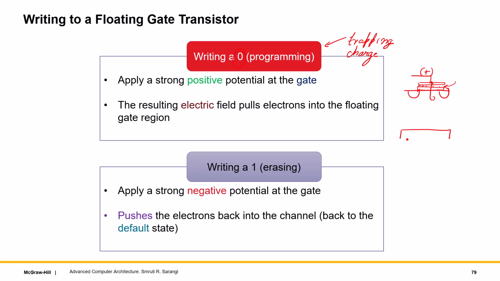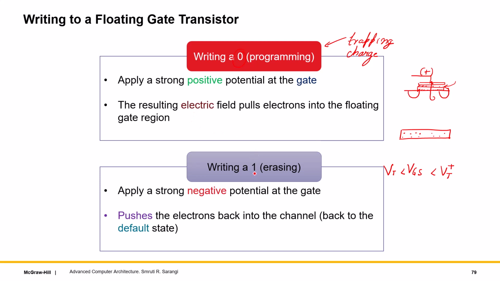And the next time that I put the USB key in a separate computer, I can always read the value that is present in the cell. How do I do that? Well, I set the gate to source voltage somewhere between Vt and Vt plus. Then based on whether the cell is conducting current or not, I can make a decision.